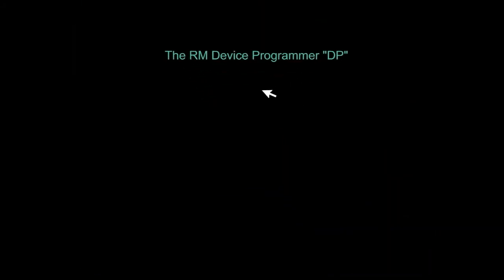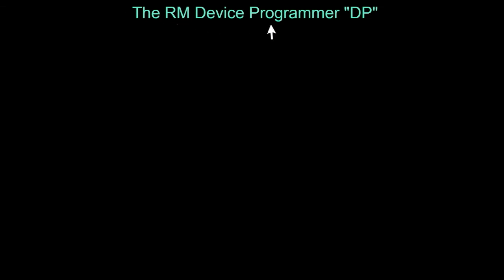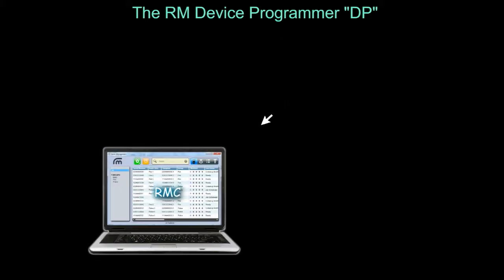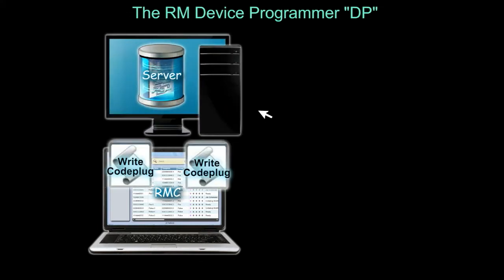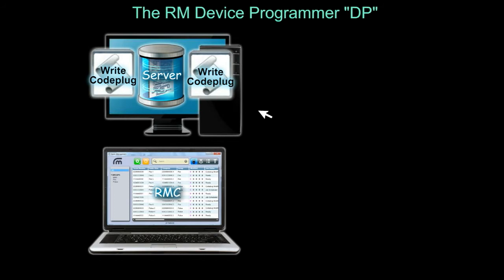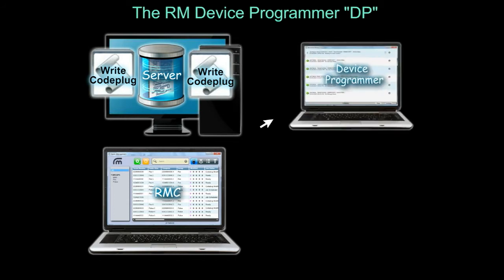The third radio management component is the device programmer. Programming jobs that are defined in the RMC are then stored and waiting in the RM server and are ultimately performed by the device programmer.